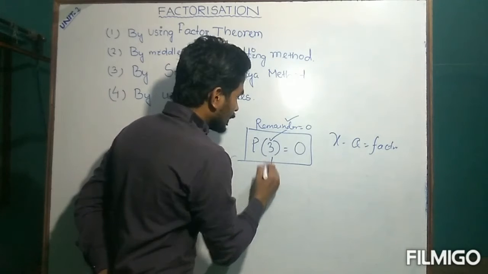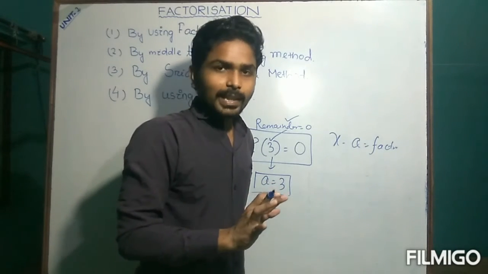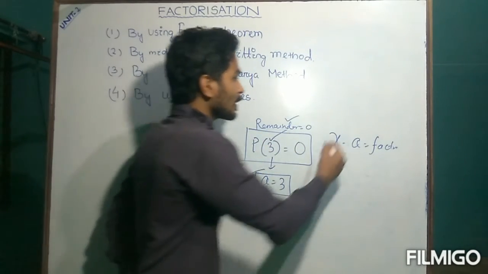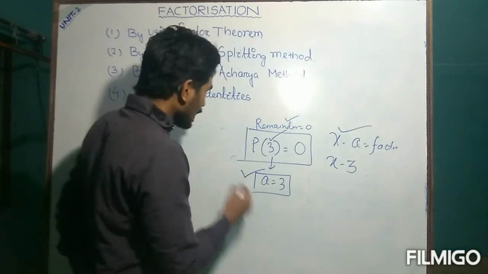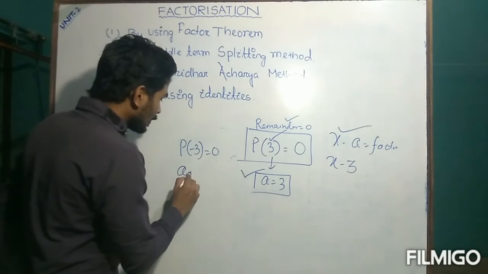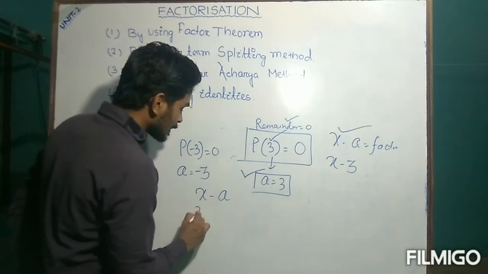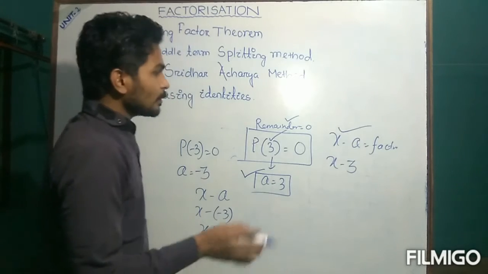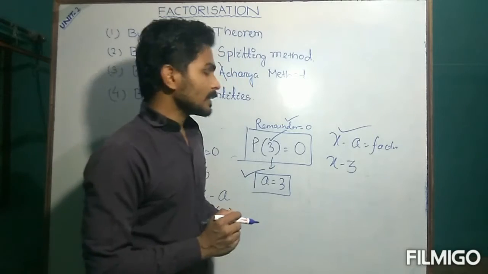Here 3 is the root, also known as a zero. So the factor will be x minus 3. If p of minus 3 is equal to 0, then the root is minus 3 and the factor is x minus of minus 3, that is x plus 3. So if a root is given, we can find the factor using the factor theorem.